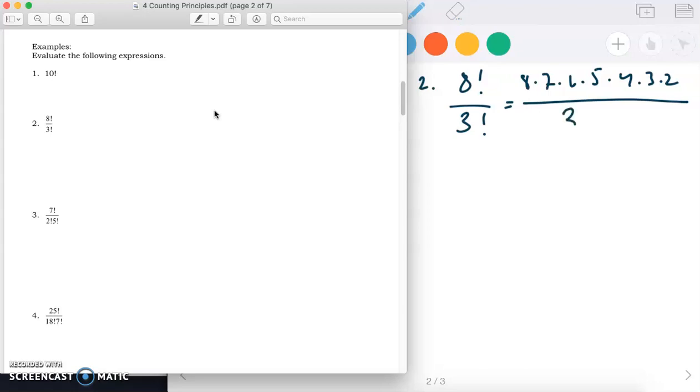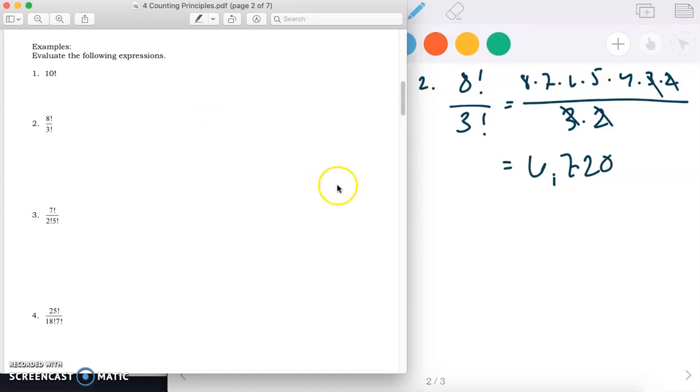Here we have 3 times 2 times 1. But look, these cancel out. So if you're doing this more manually, you could just say 8 times 7 times 6 times 5 times 4, and it's going to equal 6,720. Okay? So that's how you do that.